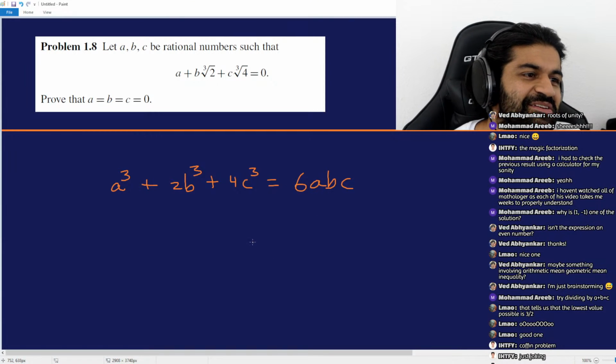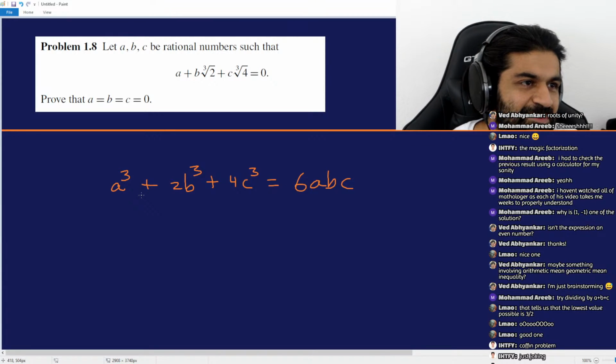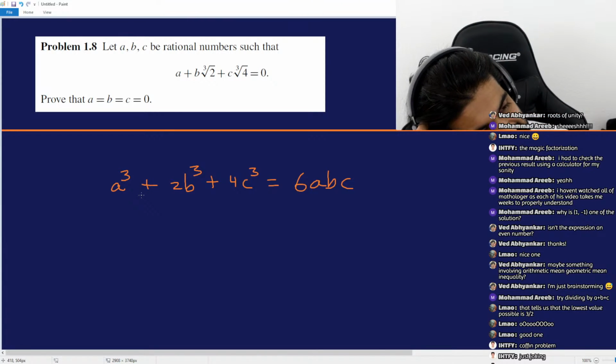Okay, now we need to use this to prove that a equals b equals c equals 0. One thing to keep in mind is that a, b, and c are rational numbers.